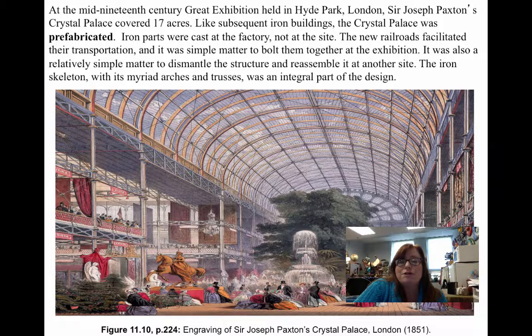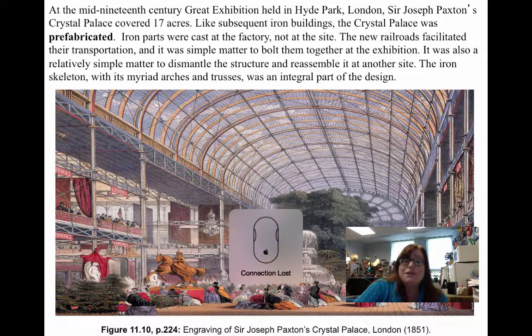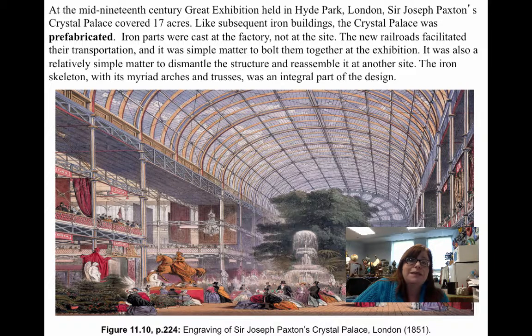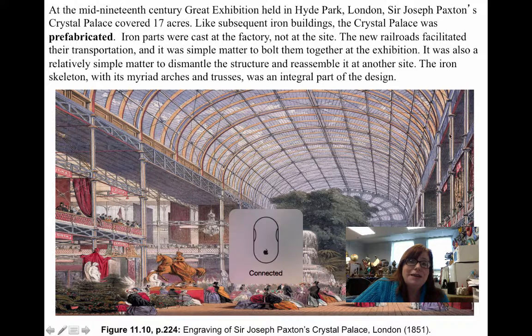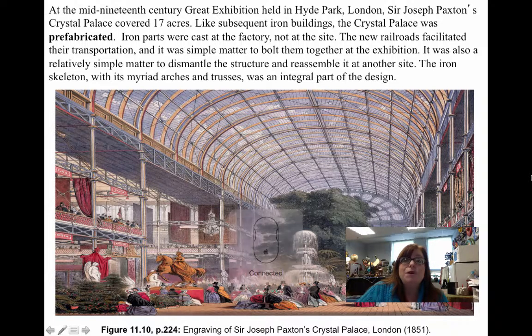This was part of a great exhibition that was held in Hyde Park in London, and it covered 17 acres, and it was prefabricated. So as I said, the iron parts were cast at the factory, not at the site, and the new railroads facilitated their transportation, and then it was a simple matter to bolt everything together at the exhibition.